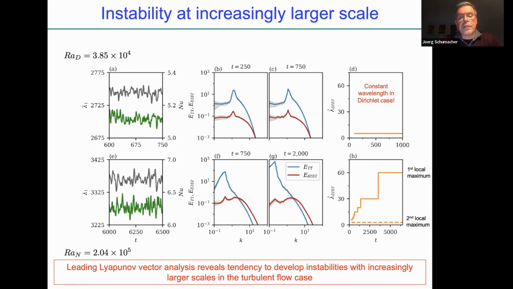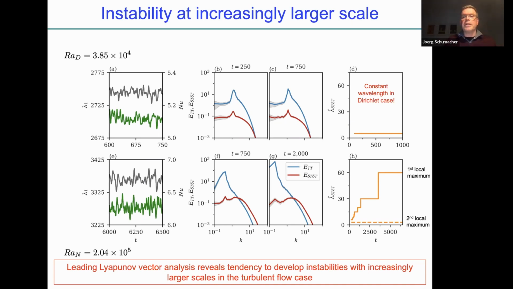So we can, in principle, confirm numerically the idea which was laid down by Proctor and Chapman, that there is a structure which develops instabilities with increasingly larger wavelengths, and this process goes on until all the structures have reached the box size in our simulations.